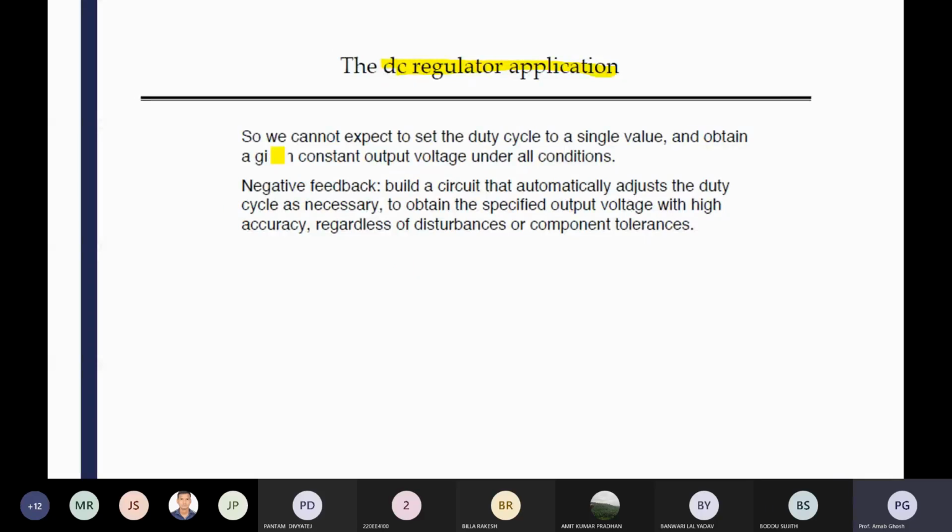So what can we observe from this study? We cannot expect a set duty cycle. What do I mean by a set duty cycle? If any variation is there on your input side or output side, then in all cases you can observe that your duty cycle will vary. To maintain stability, I told you in some other classes how the duty cycle changes.